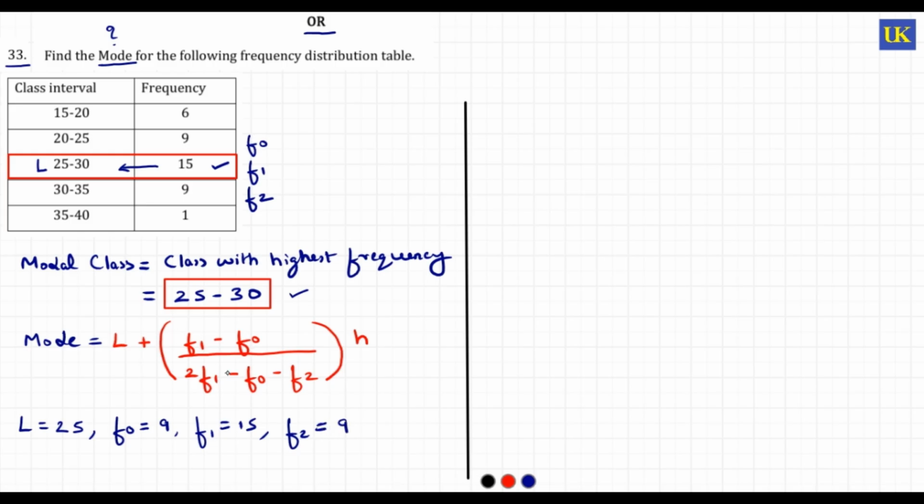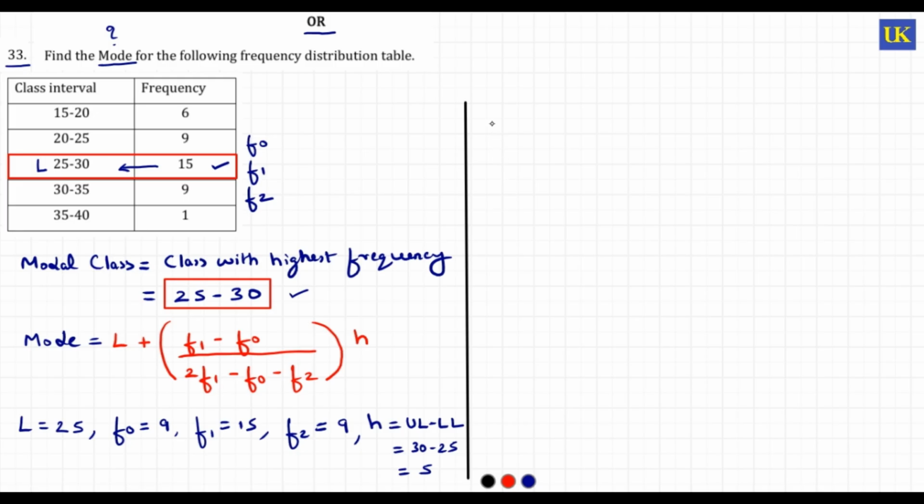And we want H also. So H means the height of the class. Height of the class can be calculated by taking the upper limit minus lower limit. So 30 minus 25 is 5. So the value of H is 5.